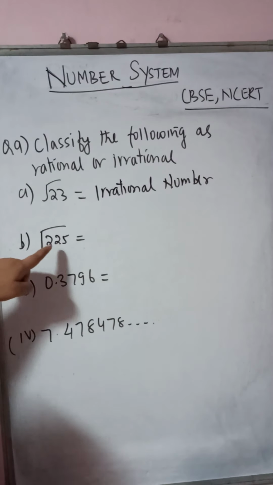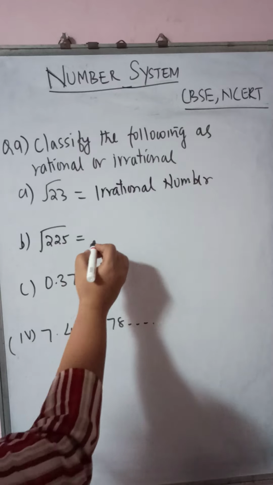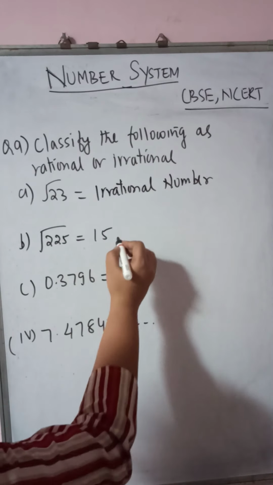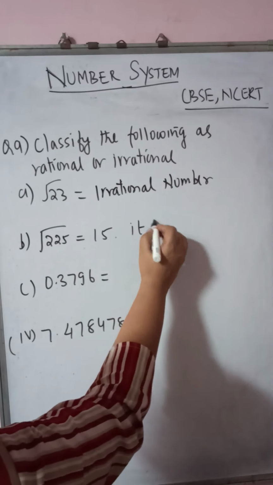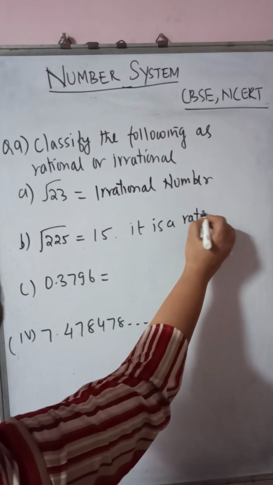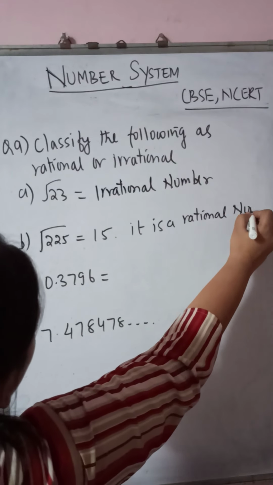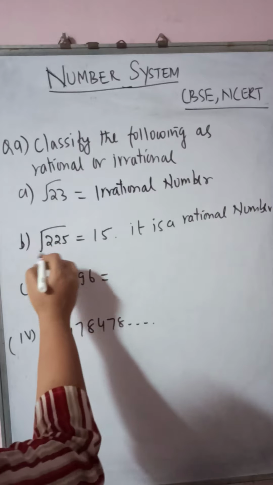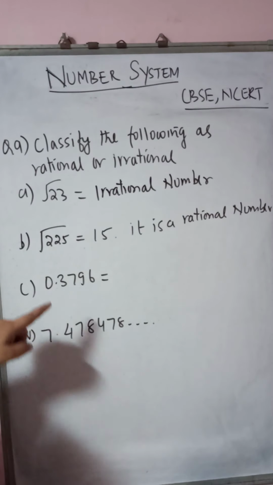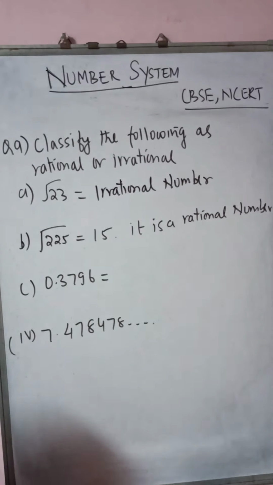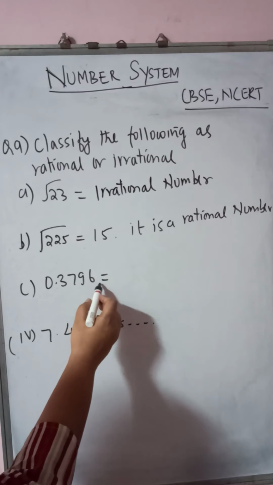Root 225. 225 is a perfect square, the perfect square of 15. Therefore it is a rational number, because the square root of this number is rational. Now this is a terminating decimal because here no dot is given.